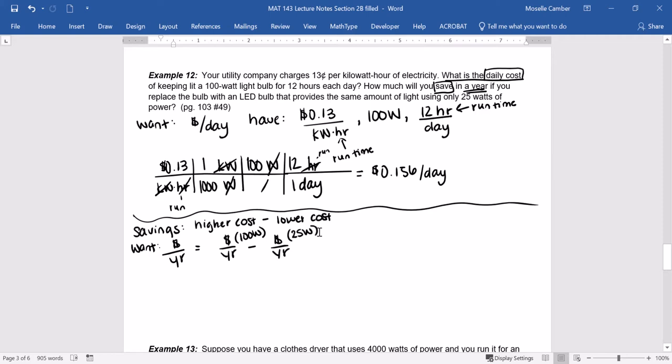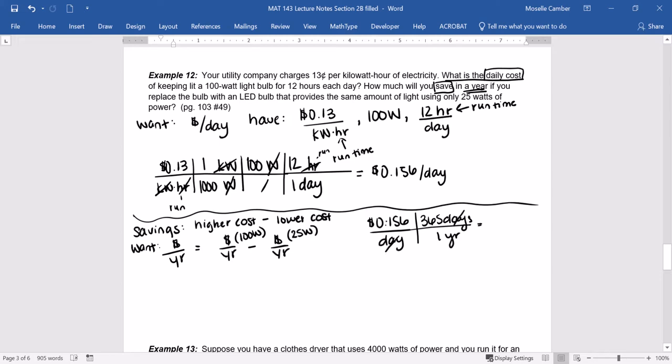So first we need to figure out, we already have this, that's 15.6 cents a day for this higher cost bulb, so let's figure out how much that would cost us in a year. So we can take 15.6 cents per day. We want dollars per year, so we start with the dollars, and we need to convert the day to year. We know that there are 365 days in 1 year.